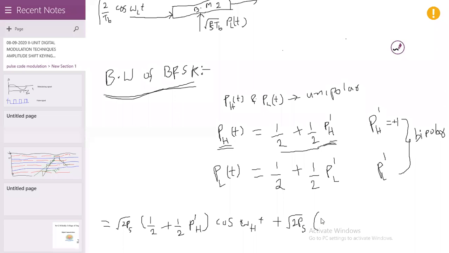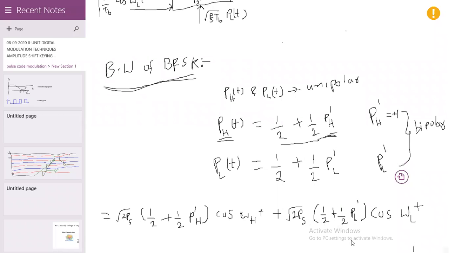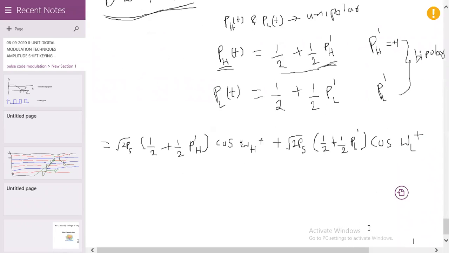Again in the place of PL of T we can write 1/2 plus 1/2 PL dash into cos omega LT. Okay, this is the equation. We convert that unipolar equation into a bipolar equation, so this is in the form of bipolar.